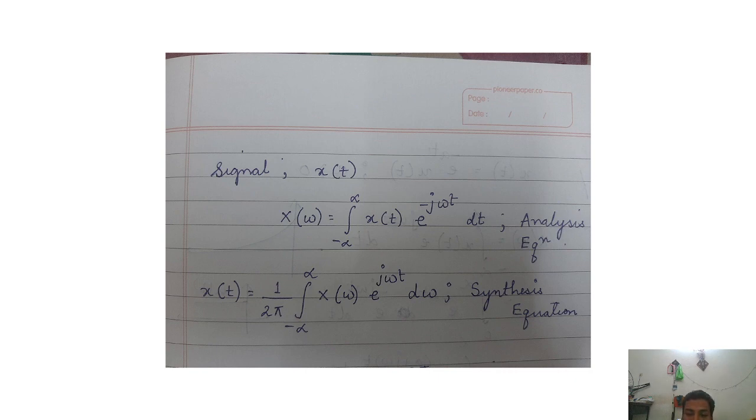This equation is known as the synthesis equation. It is known as synthesis because here we are performing an inverse operation: we have a Fourier transform signal and our objective is to obtain the original signal from it.